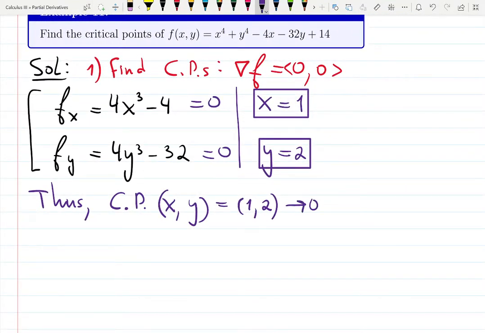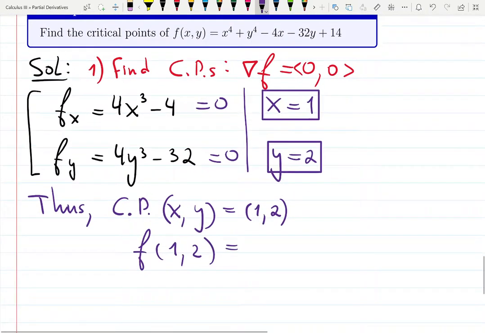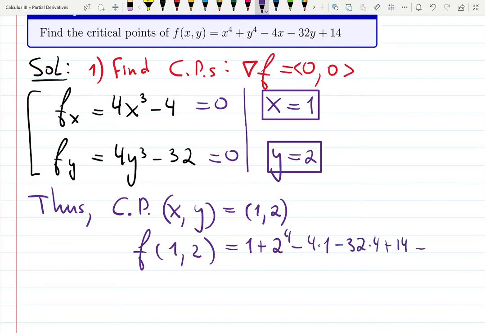You can always find f at (1, 2), right? If you really want to know the height of that critical point, plug it in: it's going to be 1 plus 2 to the 4 minus 4 times 1 minus 32 times 2 plus 14. Who can tell me what it is?